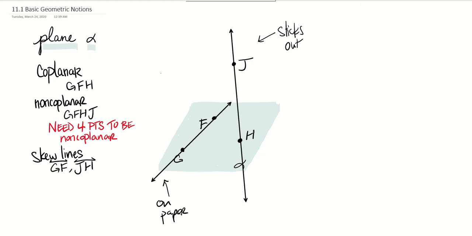Since point H over here is separated, it's never going to touch these lines over here, and point J is not going to somehow jump onto the plane so that it can possibly intersect. So they are non-coplanar, and they don't intersect. That's what makes skew lines.